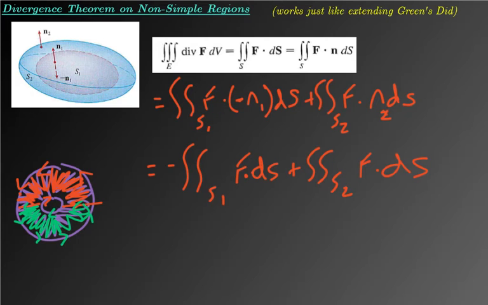If S1 is the pit, the inner part there, N1 is the positive normal direction that I normally would want, but I want to be pointing the opposite direction, away from that, because for the shell region we're talking about here, the outer direction of the shell is always the one we want.